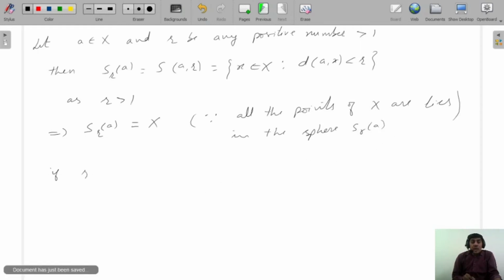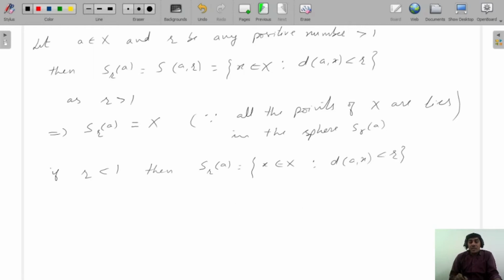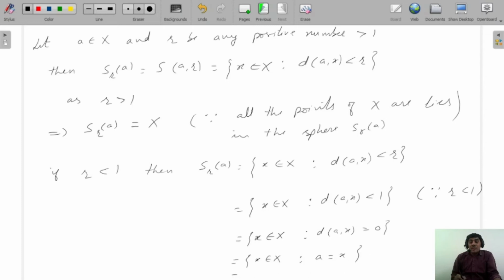If R is less than 1, then the sphere centered at a with radius R is equal to the set of x belonging to capital X such that the distance between a and x is less than R, which is equal to the set of x such that the distance between a and x is less than 1, because R is less than 1, which is equal to the set of x such that the distance between a and x is equal to 0, which is equal to the set of x such that a is equal to x, which is equal to {a}.